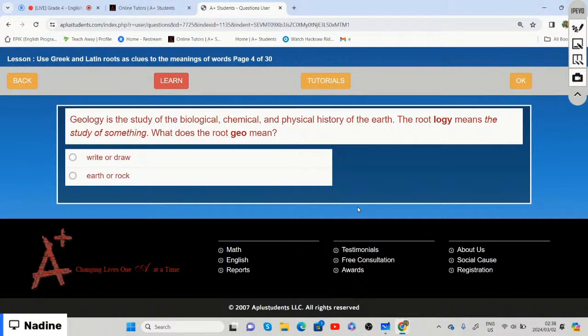Is geo to write or to draw, or does it mean earth or rock? Geo for geology.